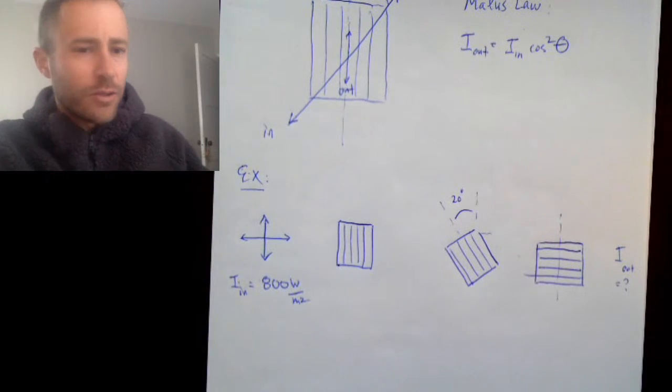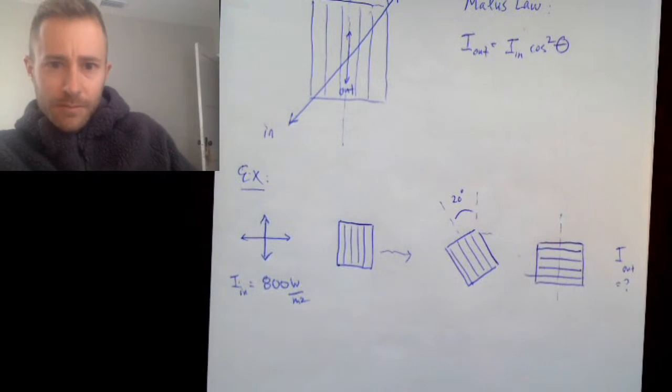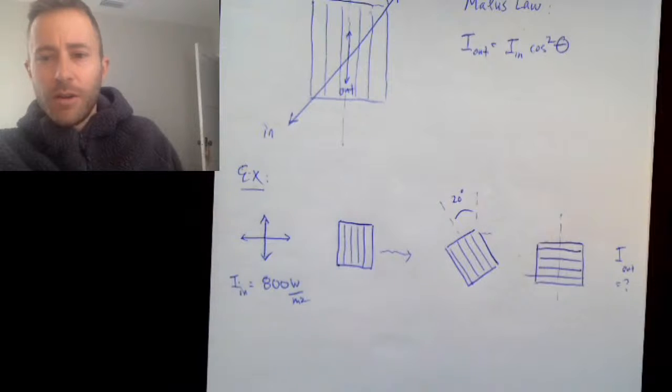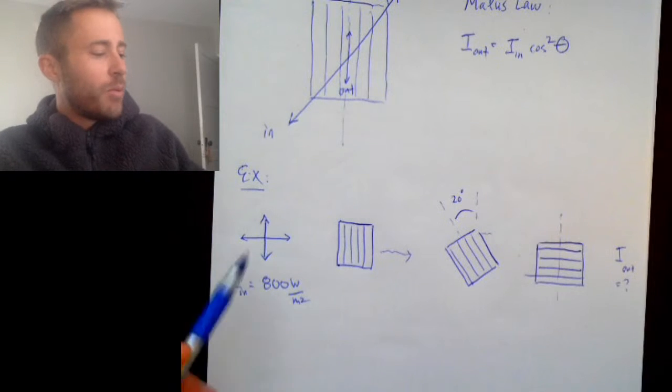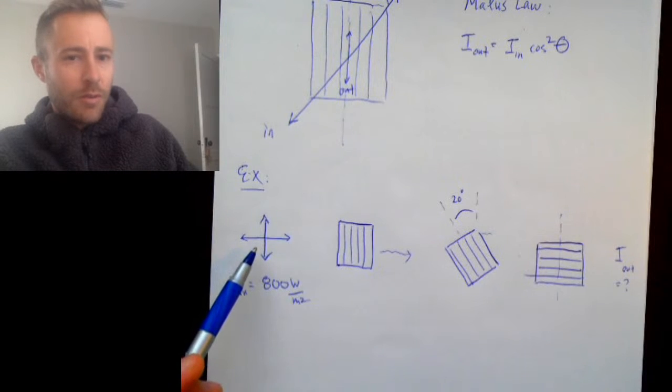All right, so type it into the chat. What's going to be the intensity of these waves after they go out of the first filter? So you have unpolarized light of intensity 800 watts per meter squared.